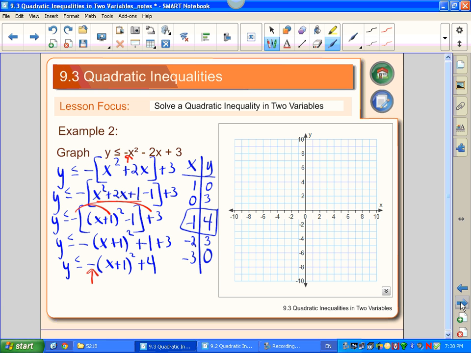So let's plot that. And we need to look at the sign. So we need to know, am I having a solid or a dotted line? As it has the or equal to, it's going to be solid. So negative 1, 4, 0, 3, 1, 0.